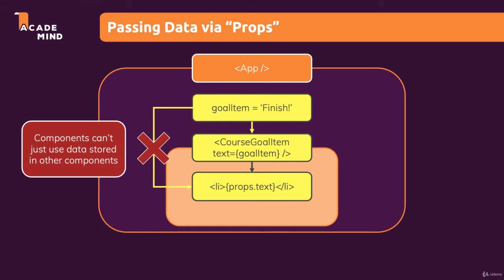And just as HTML elements can have attributes, it turns out that with React, our own custom components can also have attributes. There, this concept is just called props instead of attributes. And props simply stands for properties. We can set properties of our own custom components.